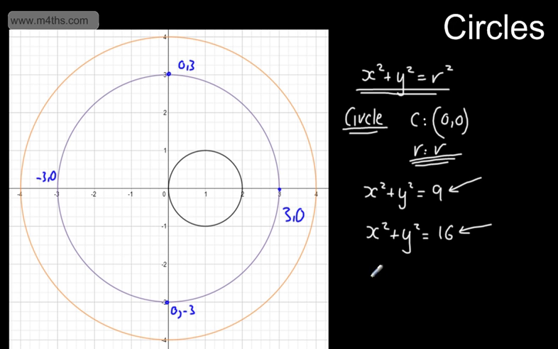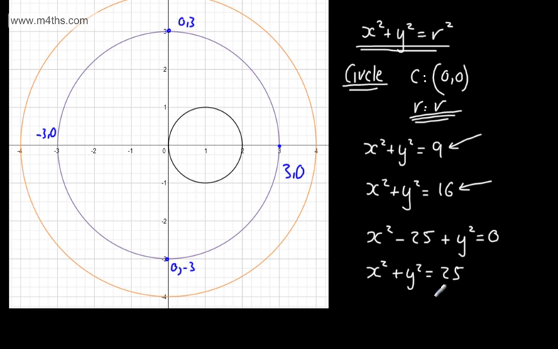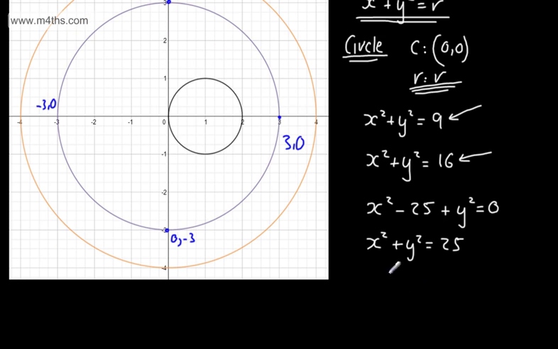So for example, if you saw now x squared minus 25 plus y squared is equal to 0, we could rearrange this, x squared plus y squared, and adding 25 to both sides, we can see this is a circle, centre 0, 0, and a radius of 5 units.